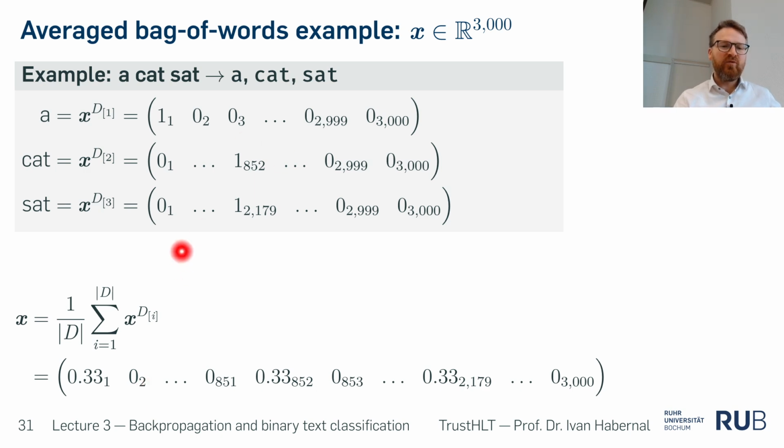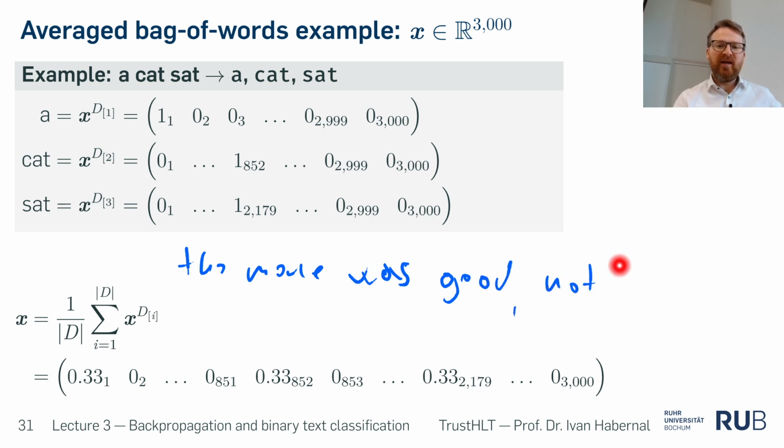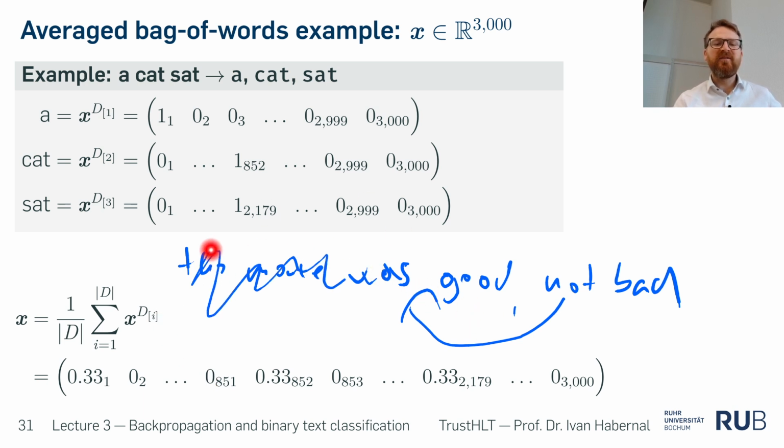The movie was good, the movie was not bad. You're going to run into trouble because the movie is not good. Yeah, it's a stupid sentence, but you get the idea.